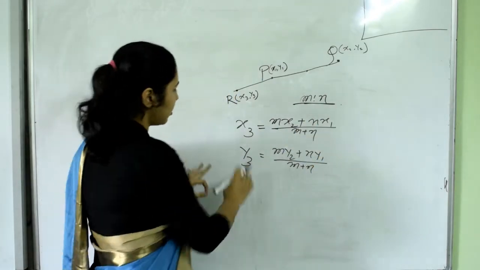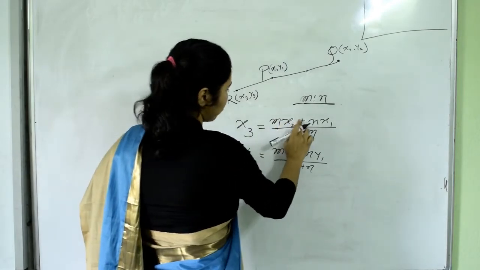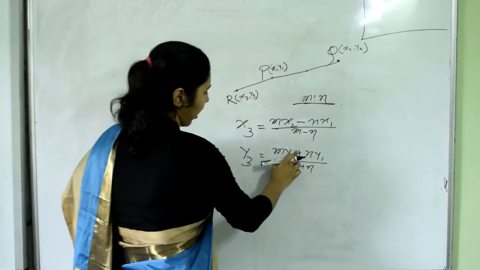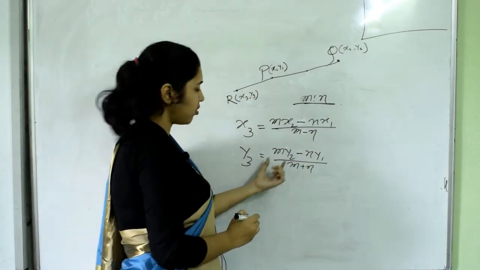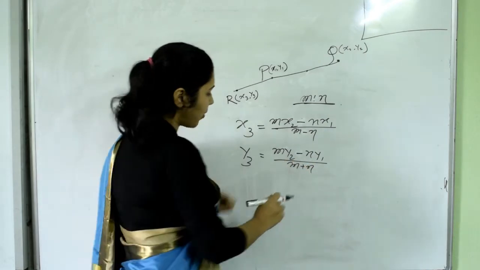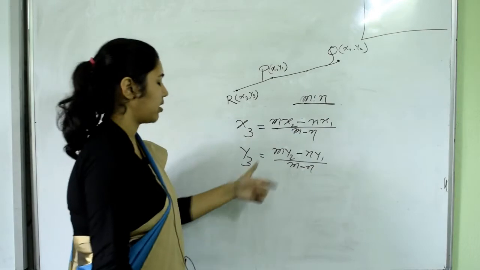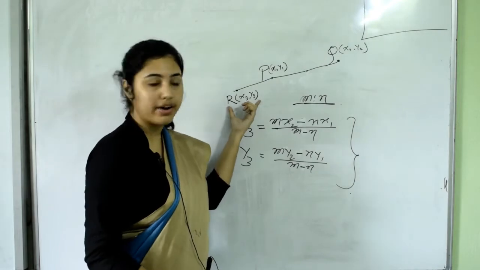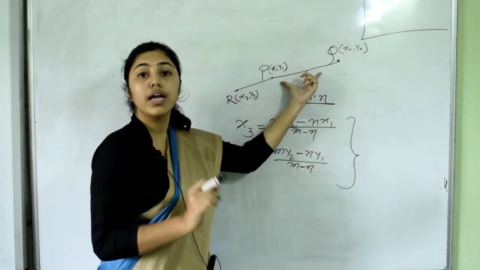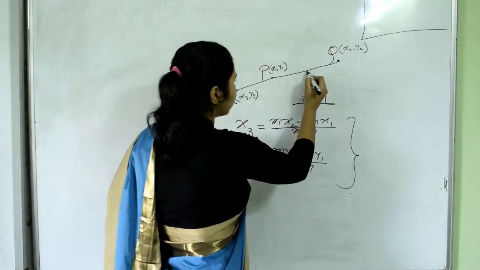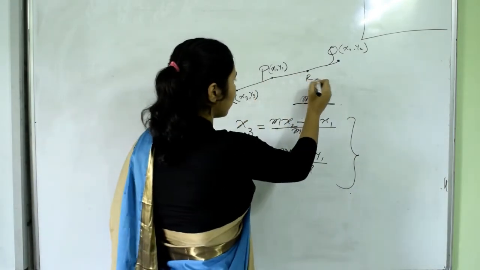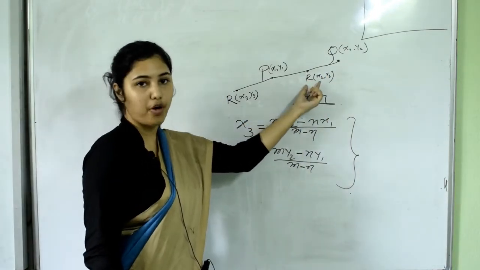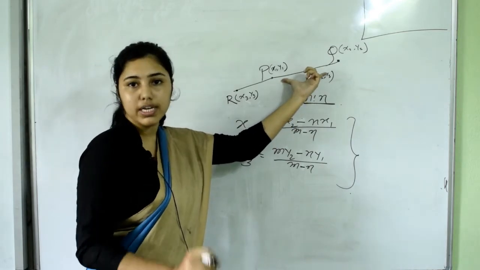In that case, x3 equals (m x2 minus n x1) by (m minus n), and y3 equals (m y2 minus n y1) by (m minus n). In this case we can say that this point R divides this line segment PQ externally, and if the point is between P and Q, in that case we can say that R divides this line segment PQ internally.